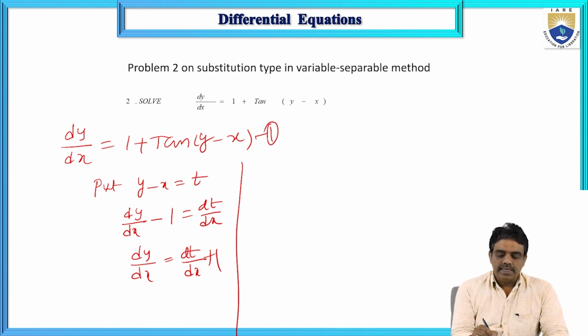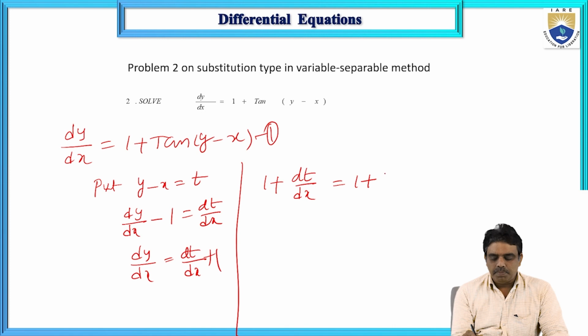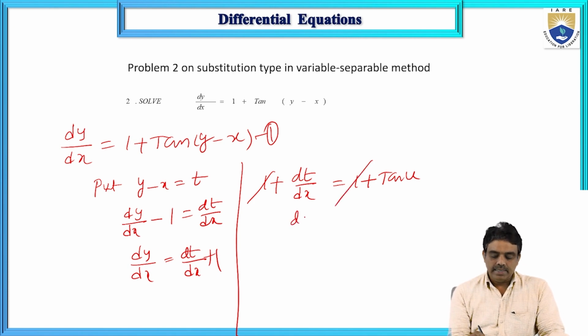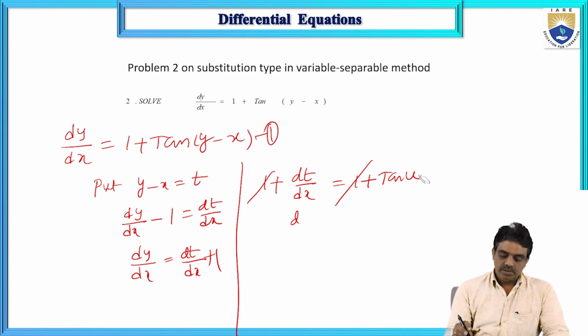Now on substituting in equation 1, we get 1 plus dt by dx is equal to 1 plus tan t, because it is tan of y minus x, which is tan t.